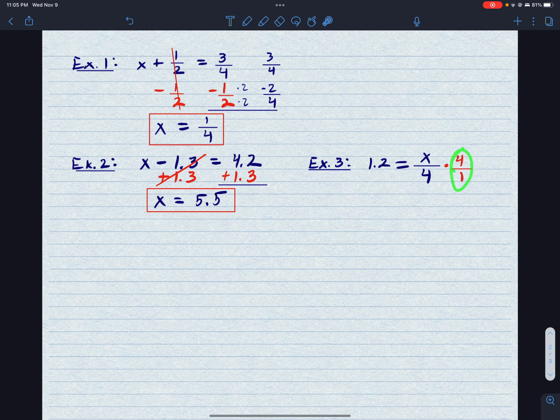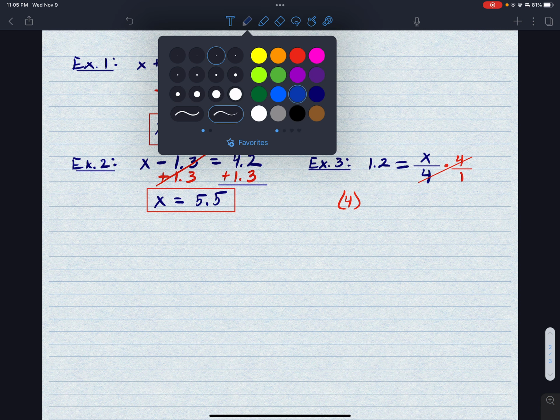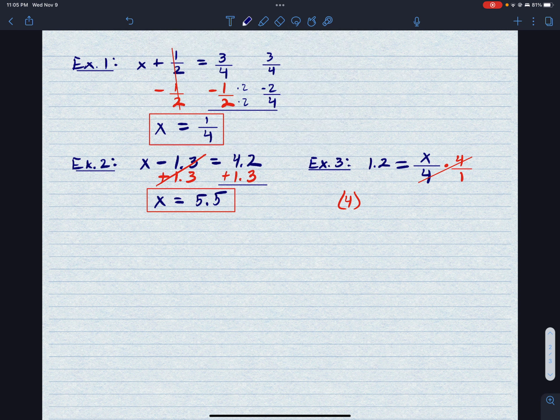So if I multiply by 4, now the 4's disappear on the right this time. But if I multiply by 4 over there, I got to multiply by 4 on the left side. So it is 4 times 1.2, which is equal to x. And 4 times 1.2 is 4.8. So x must be 4.8.